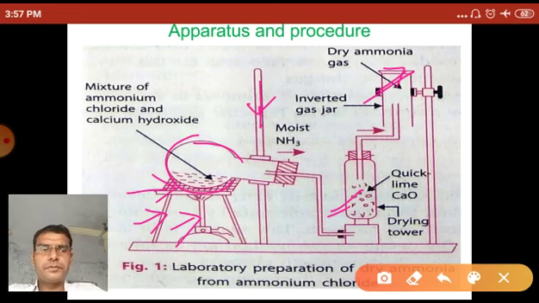So first arrange the apparatus according to the diagram in the slide.